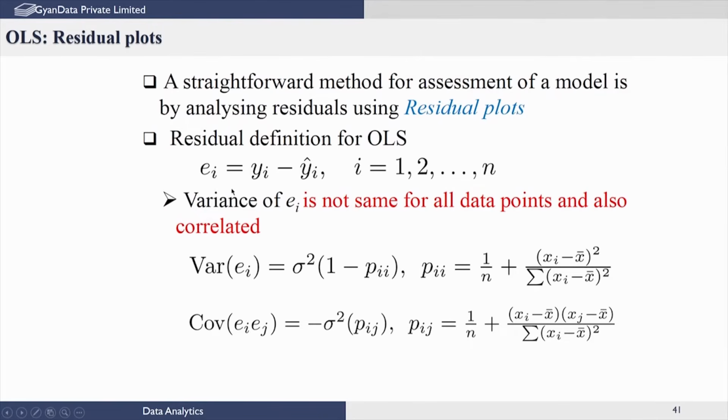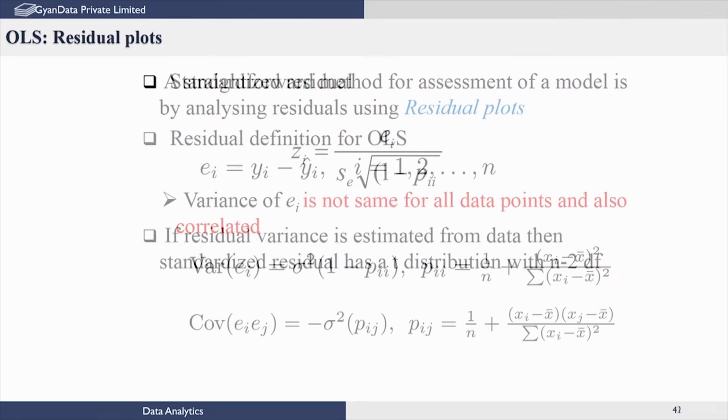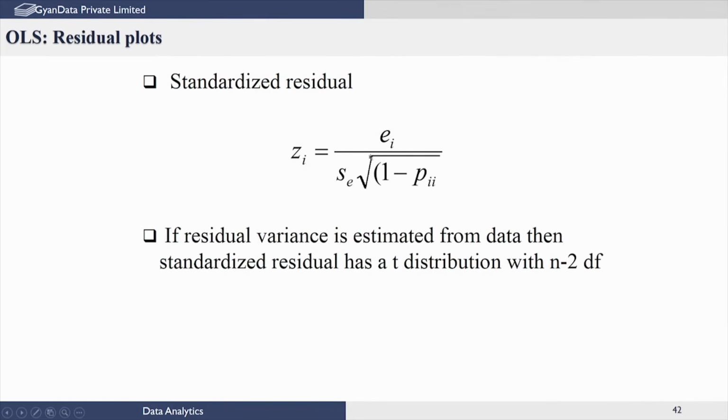Having derived this, notice that even if we do not have a priori knowledge of sigma squared, which is the variance of error in the measurements, we can estimate this quantity. We have already seen this in the previous lecture. We can replace it by SSE divided by n minus 2, which is an estimate of sigma squared, and substitute this to get an estimated variance of each residual. We will standardize these residuals, where standardization means dividing the residual by its estimated standard deviation.